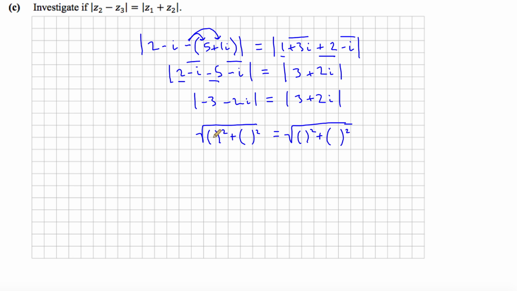So we've got minus 3 here, we've got minus 2 here, we've 3 here, and 2 here. And when we work this out in our calculator, we get root 13. On this side, we also get root 13. So, yes, they are equal. Our investigation is done.